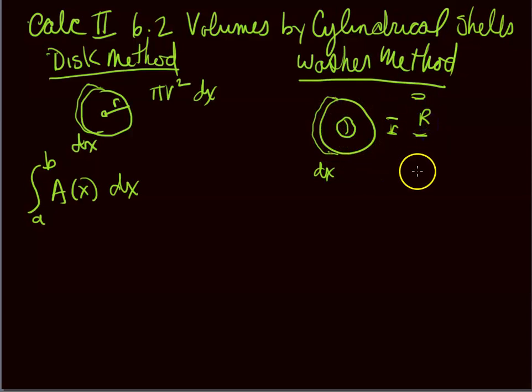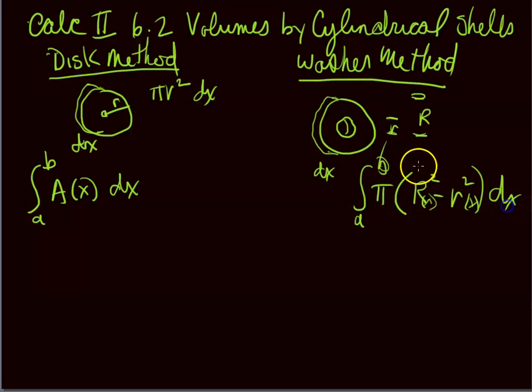And these were circles. That was the integral from A to B of pi times the big R squared minus the little r squared. And these could be functions, so this would be R of x and r of x, dx. So it's the big R minus the little r that gave us the area of that washer, and then times the thickness.